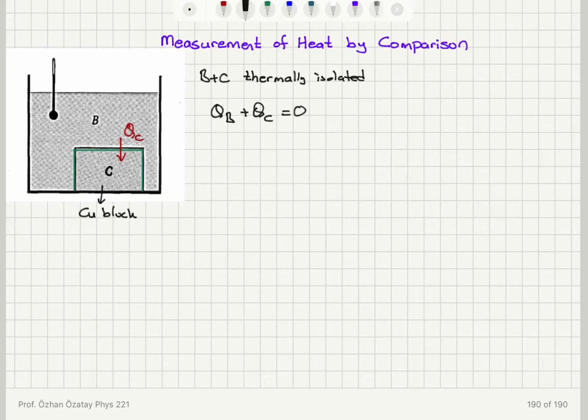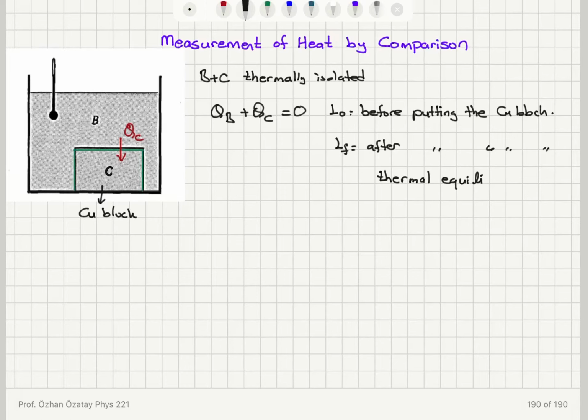So if I have a reading in the thermometer as 0 before putting the copper block, and then if I have a reading after reaching thermal equilibrium, after putting the copper block inside the water, we have to wait enough, have to give it enough time to reach thermal equilibrium.